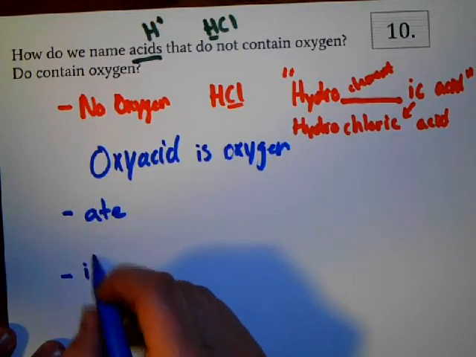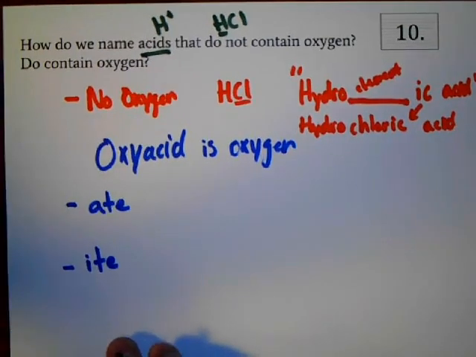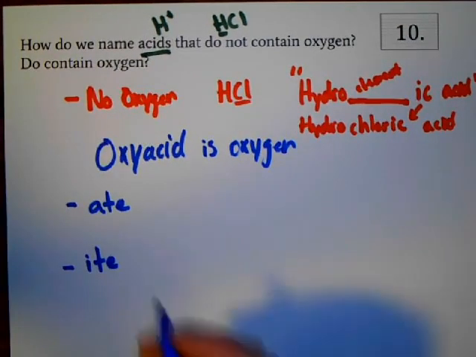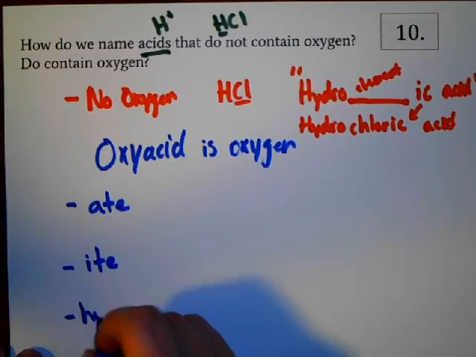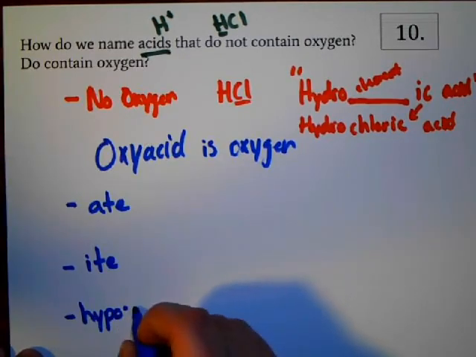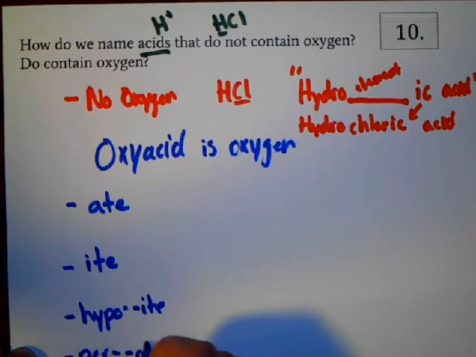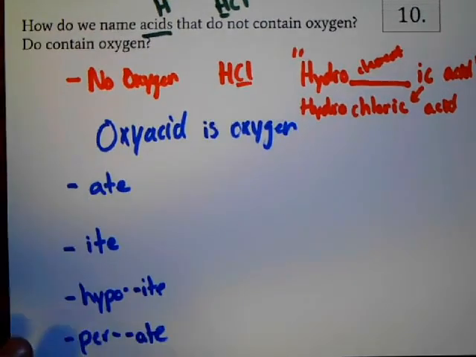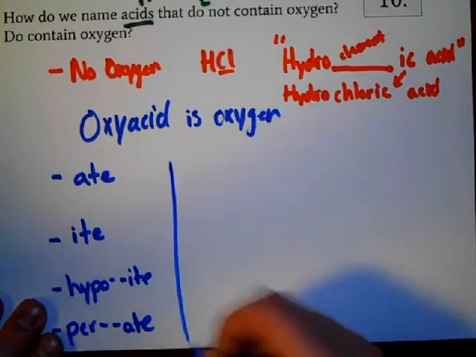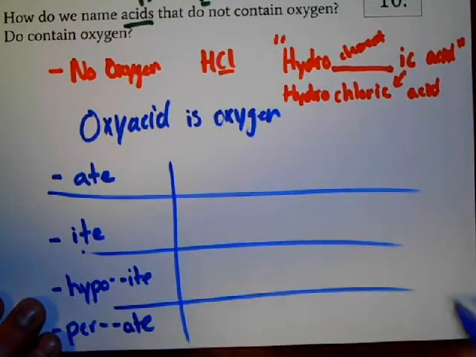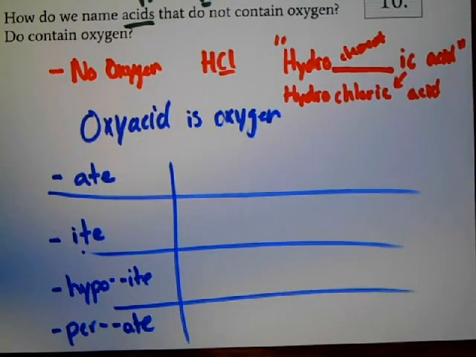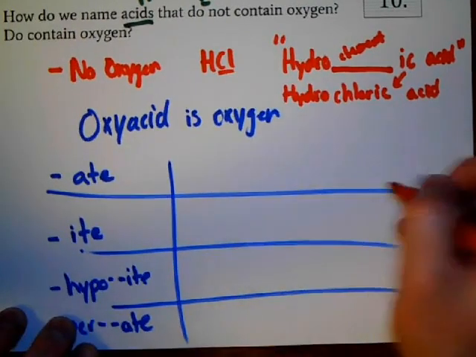So we have a rule if it ends in ate. If it ends in ite, there's a rule. If it ends in hypo-ite, or if it has per-ate as its prefix and suffix, there's going to be different rules. So I'm going to keep them very quick, very simple, so we can see the examples and you can get them recorded. Our first example here is if it ends in ate, it becomes ic.